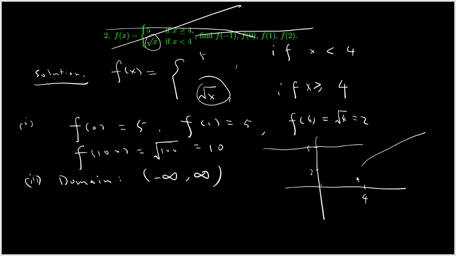Now let's say 2 is here. I'm looking for the answer to the following question. There should be a dot and there should be a hole. So just tell me, is the solid dot on the top or at the bottom? At the bottom. The value of the function at 4 is equal to 2.